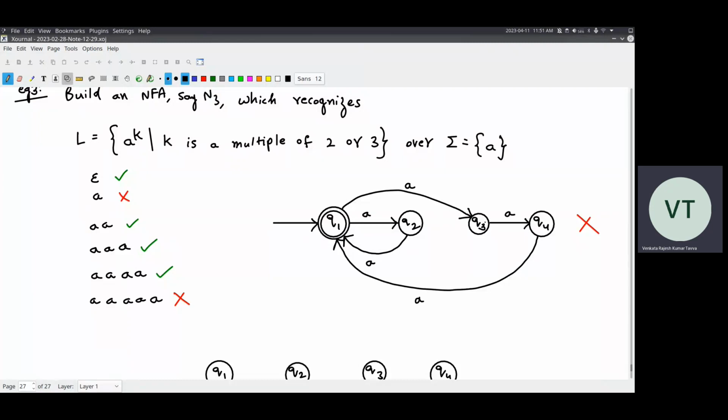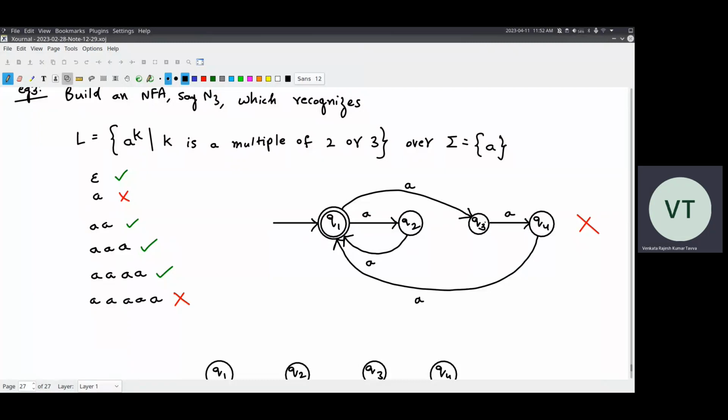So how do you solve a problem with subparts? Why do we break a problem into subparts? Separate machines. Yeah, so basically we solve each subpart individually and then combine them, right?